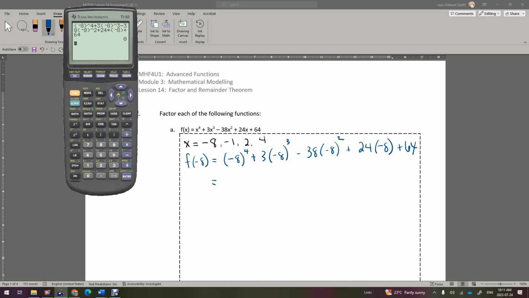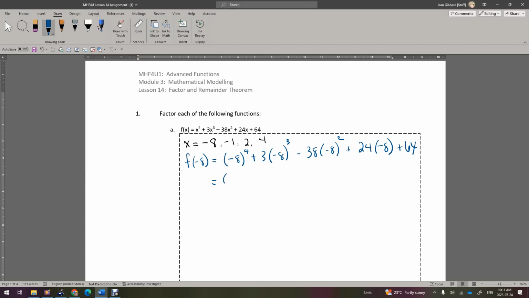And when we hit the enter key, we get 0. So we know that's a factor.